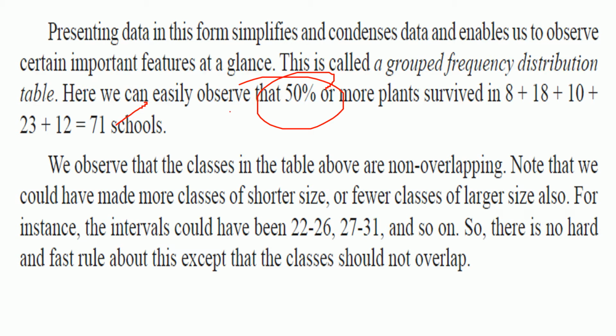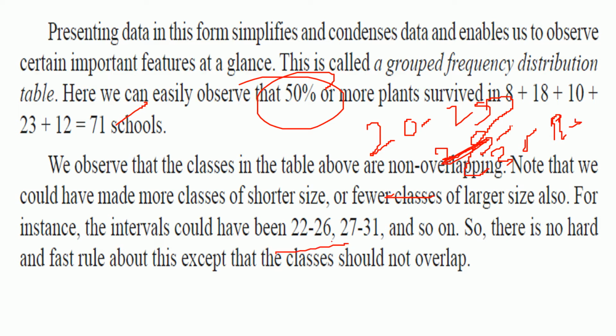So you have information out of it. And these classes are non-overlapping, because we have taken 20 to 29, and then we have taken 30 to 39. There is a gap between 29 and 30, so this is non-overlapping. And the class intervals can be chosen at your will.